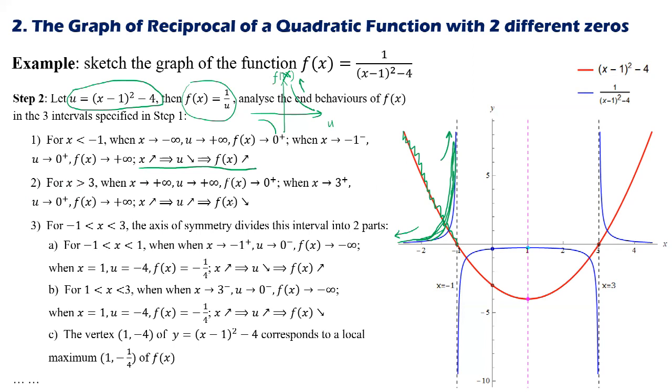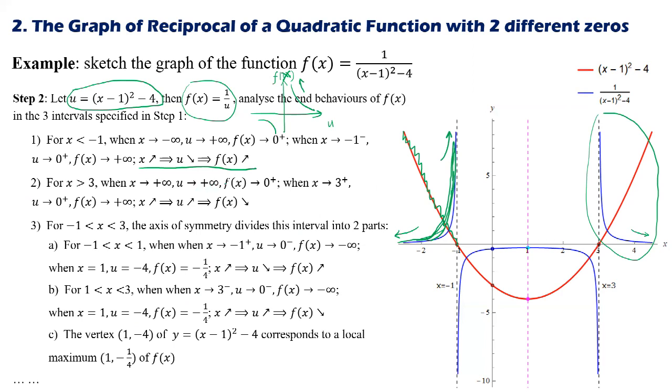For x is greater than 3, this means the interval here, right? When x approaches positive infinity, the denominator here approaches positive infinity, right?